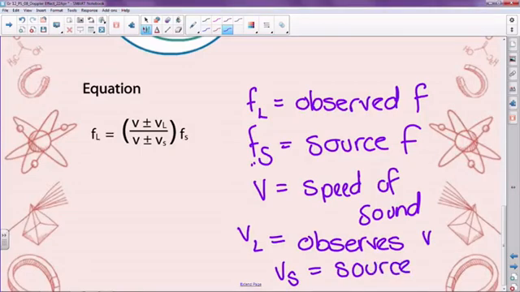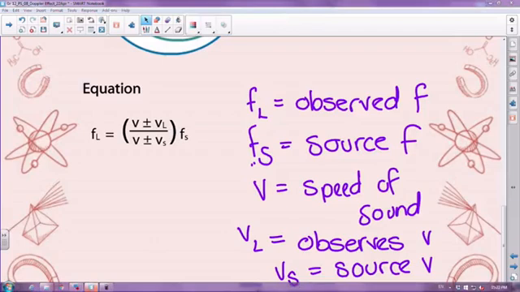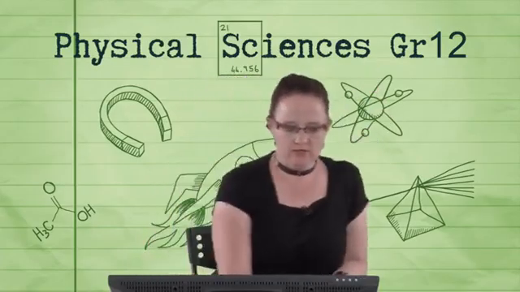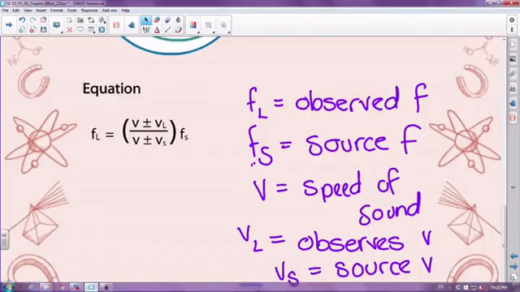Now, from here, you will always have to make a decision how you write the equation, because this is very, very important. You always write it as I've just given it to you. Then, depending on how the equation is given to you and what they ask you, that will determine how you manipulate this equation, okay?